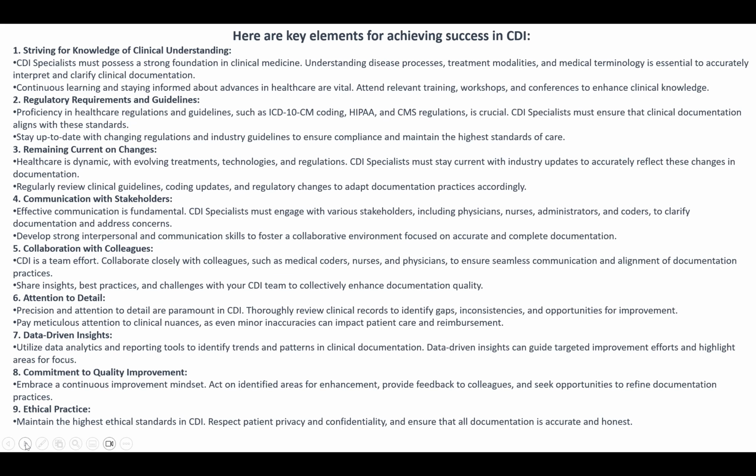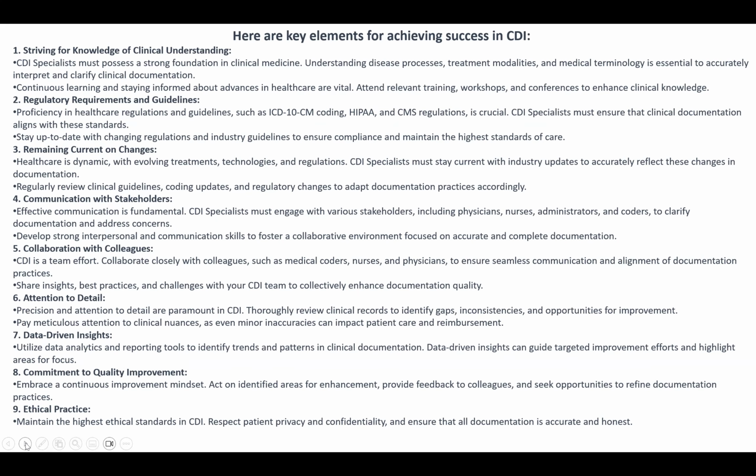Commitment to quality improvement. Okay, and generally, CDIs are all about the commitment to quality improvement. They have to be somewhat of a statesman or a statesperson. They have to be somewhat diplomatic. They have to wear many different hats, a motivator, et cetera, to engage clinicians to foster that same commitment to quality improvement.